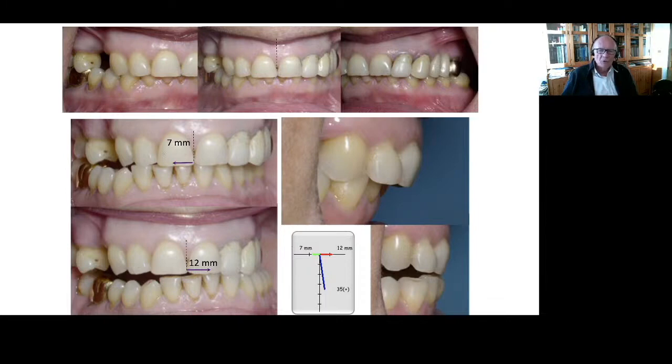And the lateral occlusion on the right side is limited compared to the lateral occlusion on the left side. On the left side, 12 millimeters because the right TMJ is okay, and limitation on lateral occlusion on the right side because the left TMJ is probably with a problem.